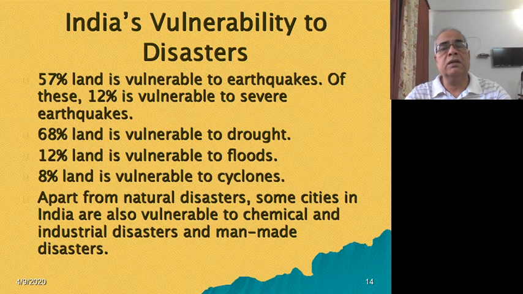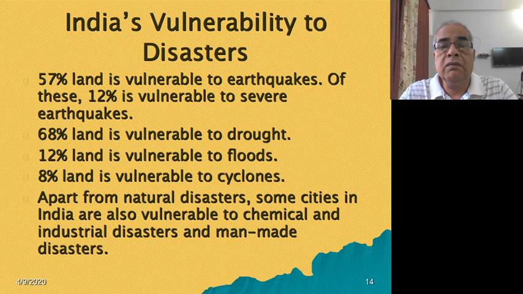In India we have vulnerability to different types of disasters. For example, 57% of the land is vulnerable to earthquakes, and of this, 12% is vulnerable to severe earthquakes. About 68% of the land is vulnerable to drought, 12% to floods, and 8% to cyclones, in all these eastern states.